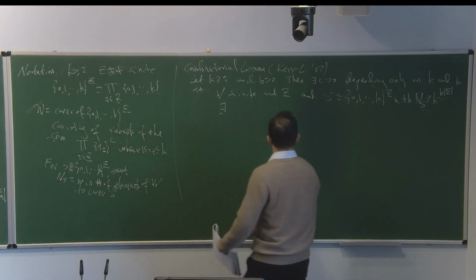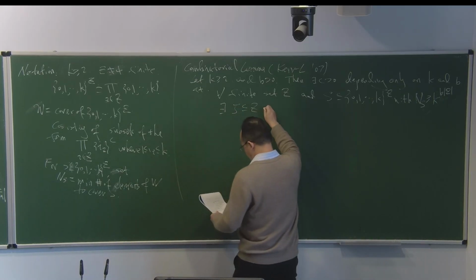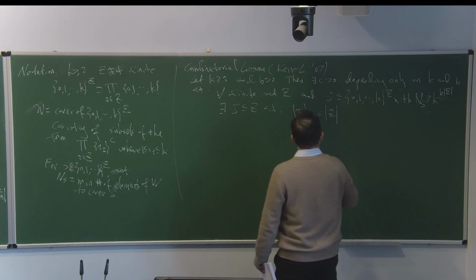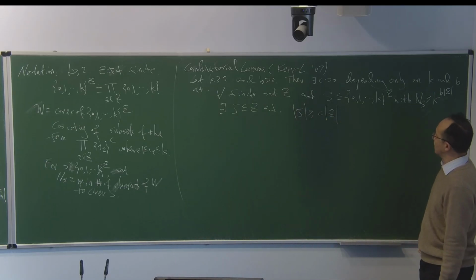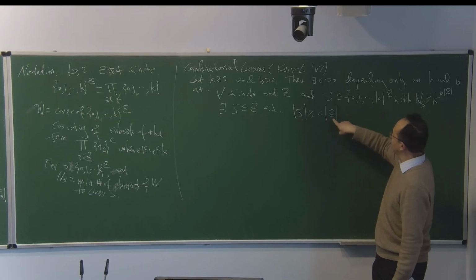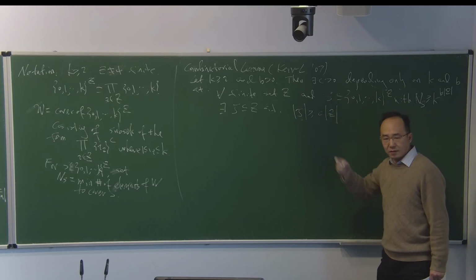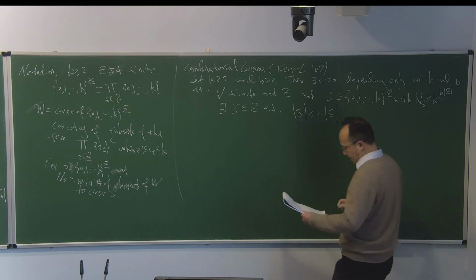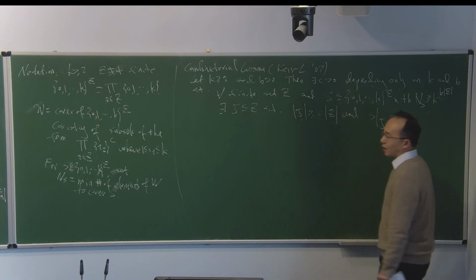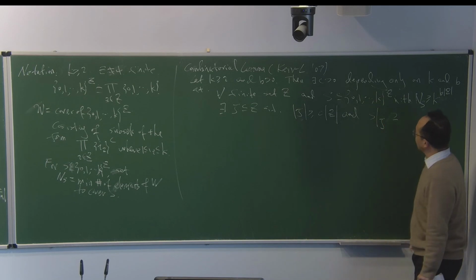For any such Z and S, there exists J inside of Z such that the size of J is at least c times the size of Z. So that means the density of J inside of Z is positive, fixed, it has this c as a lower bound. And S, when we restrict to J, we'll get all the possible choices.